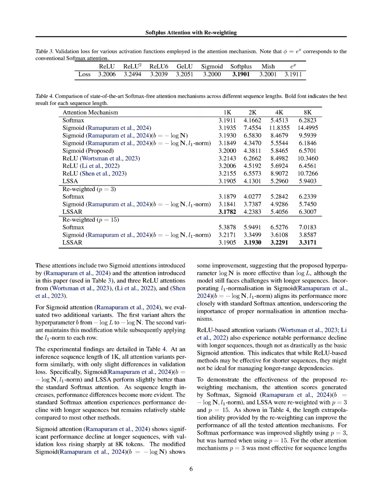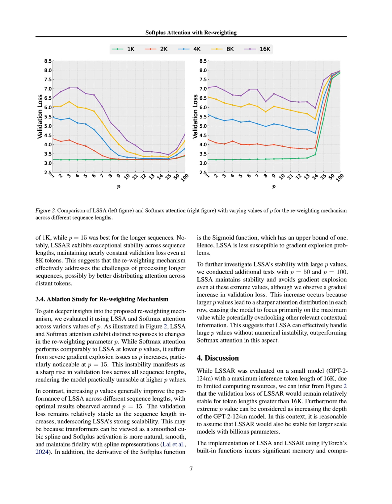The models were evaluated using a sequence length of 1024, and performance was assessed based on validation loss across various attention mechanisms, including comparisons with standard Softmax attention and other Softmax-free attentions. The results indicated that LSSA outperformed traditional attention mechanisms, particularly in handling longer sequences, as it maintained nearly constant validation loss even at 8K tokens, while other methods experienced significant performance declines.